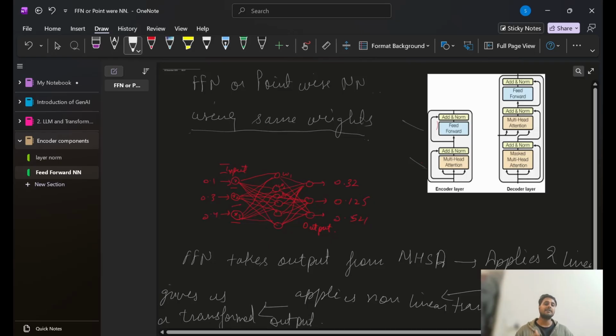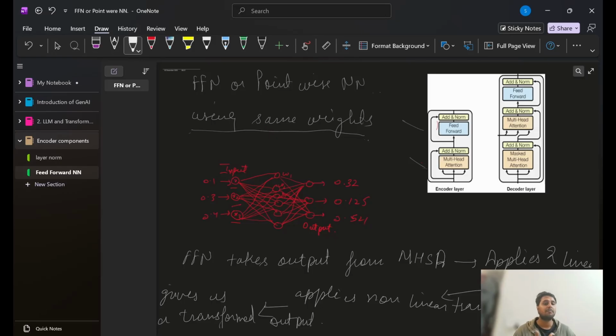So this transformation helps the model to capture complex patterns inside each token embedding.